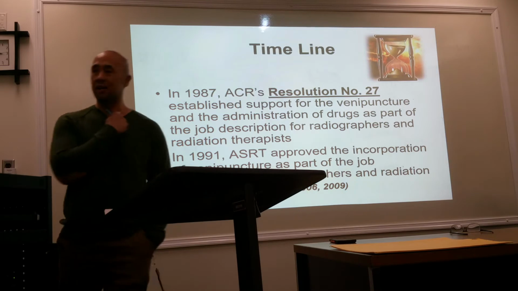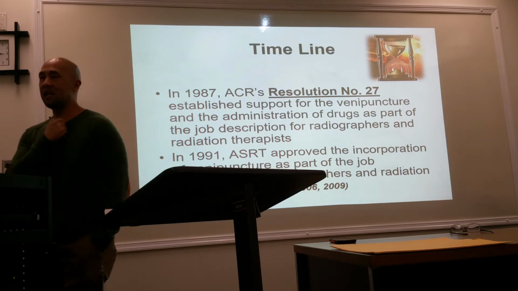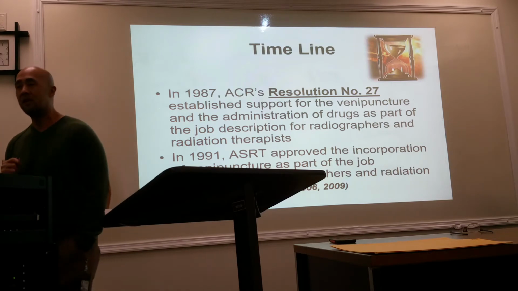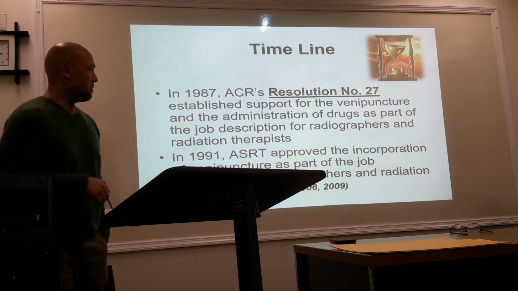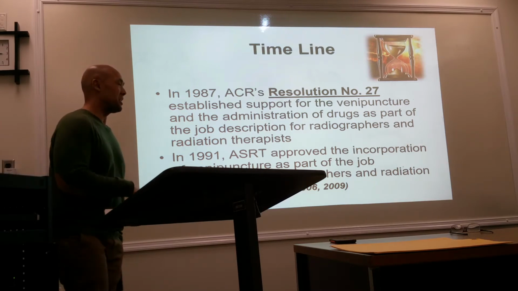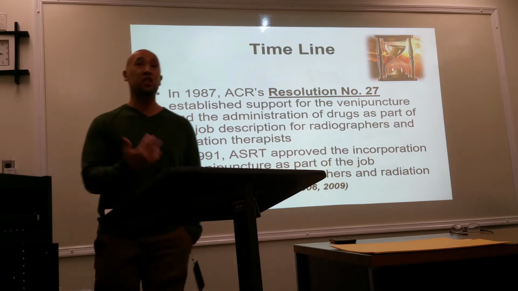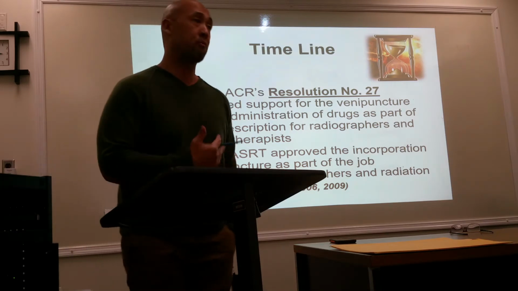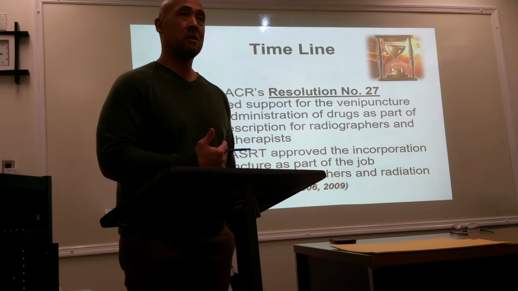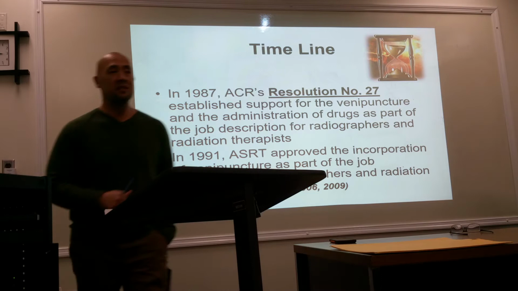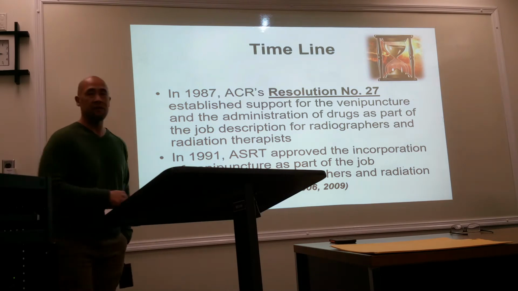In 91, the American Society of Radiologic Technologists approved the incorporation of venipuncture as part of the job description for radiographers and radiation therapists. It was amended again in 2006 and 2009. Now, all this is simply saying is that they recognize that this should be part of our scope of practice. Okay? They said that it should be. But again, there is a lot of resistance in the healthcare field.